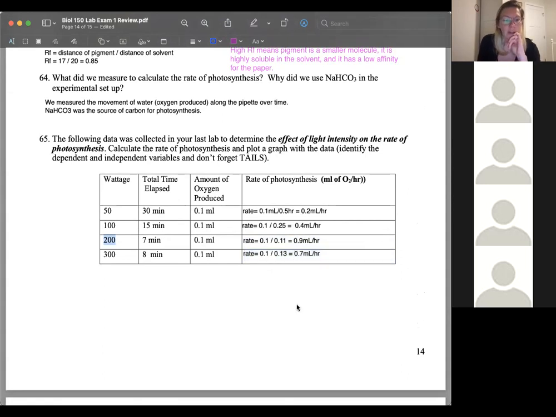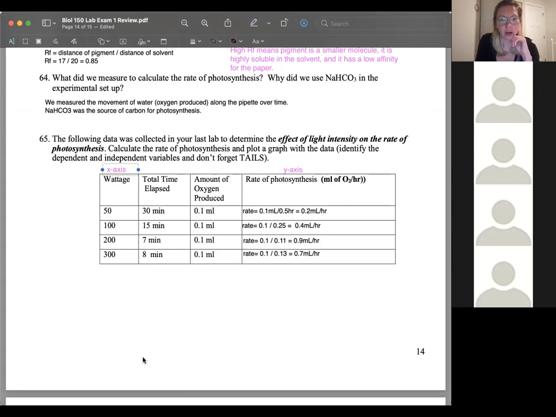So if we were to graph this, what would be on the x-axis? What would be on the y-axis? Amount of oxygen produced would that be X or Y? Light's going to be X and rate's going to be Y. So our y-axis, the rate, is dependent on the wattage of the lamp.